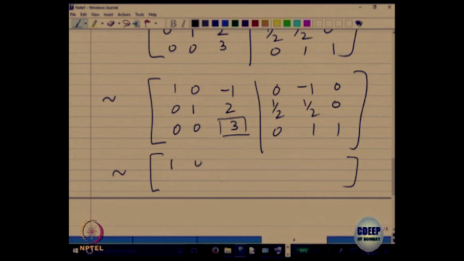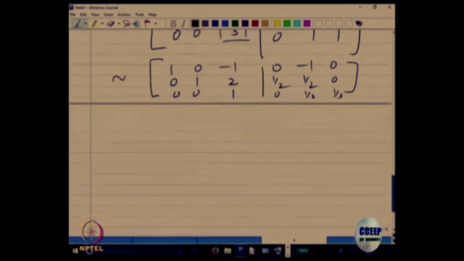So 1, 0, minus 1, 0, minus 1, 0, and 0, 1, 2, half, half, 0. So that is 0, 0. What should I be doing? Dividing this last row by the non-zero scalar, that is 3. So 1, 0, 1 by 3, 1 by 3. So that will be my form here.